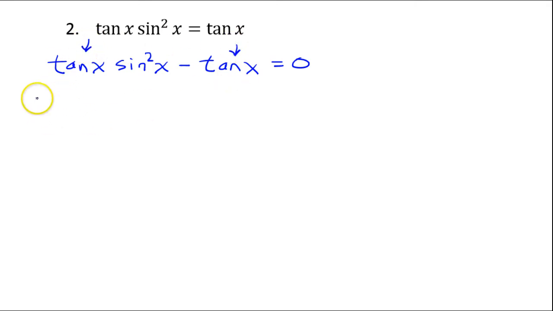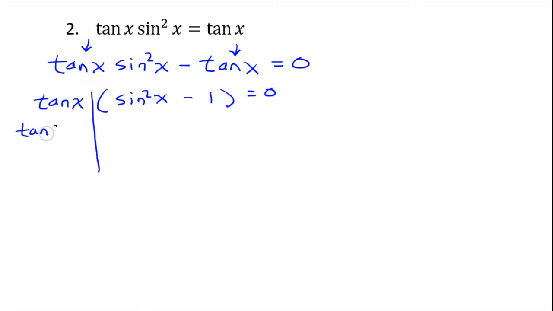If I take that tangent x and pull it outside of parentheses, that's going to leave behind sine squared x minus 1. Now we can use our zero product property and set each one of these equal to 0. So tangent x is equal to 0 and sine squared x minus 1 is equal to 0. We need to solve both of these.